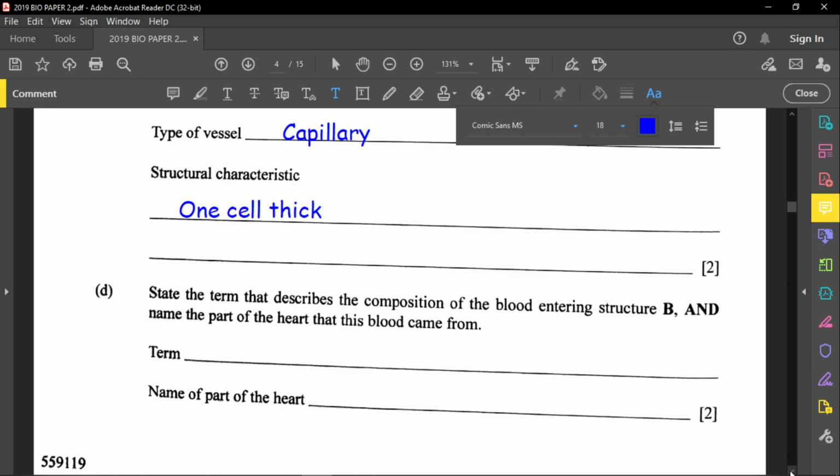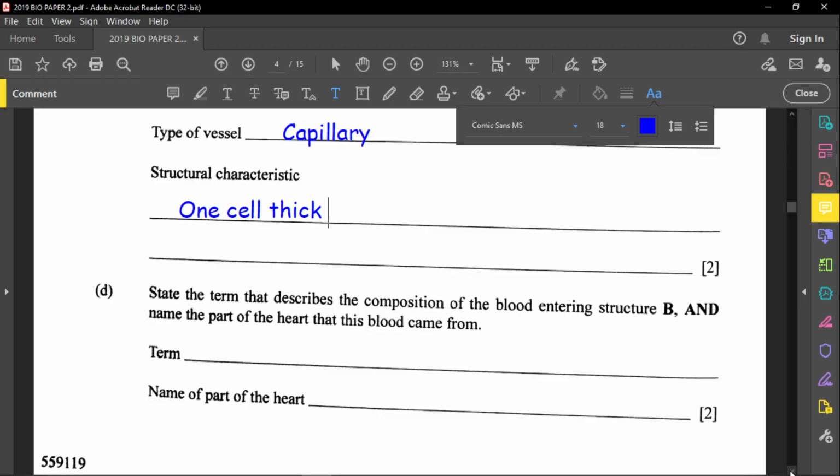All right, so part D of this question now reads: state the term that describes the composition of the blood entering B and name the part of the heart that this blood came from. So the blood is coming from the heart, and we know the blood that comes from the heart is deoxygenated blood.